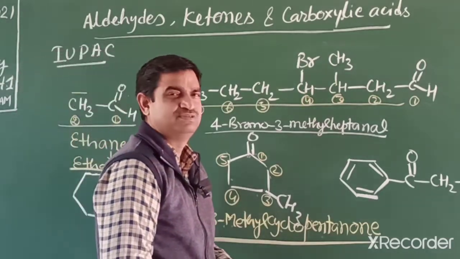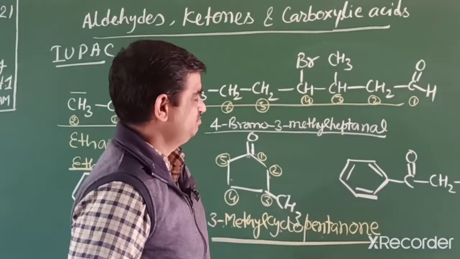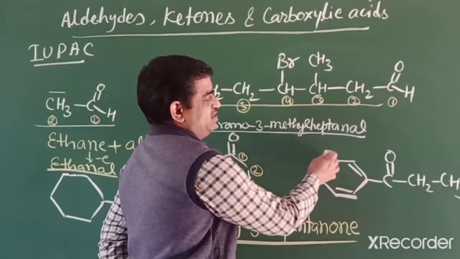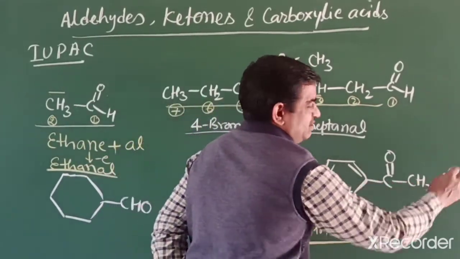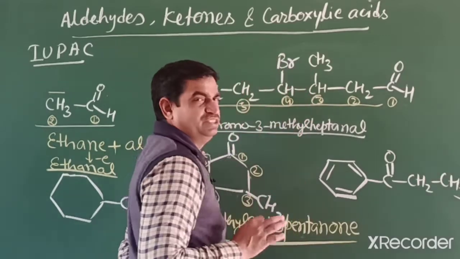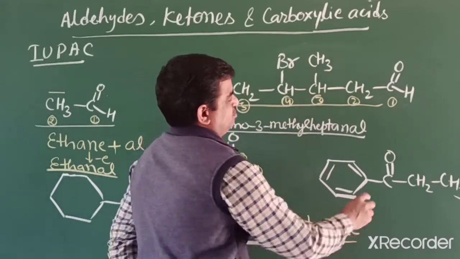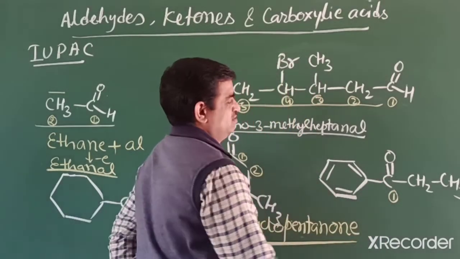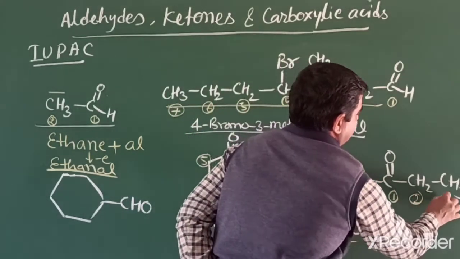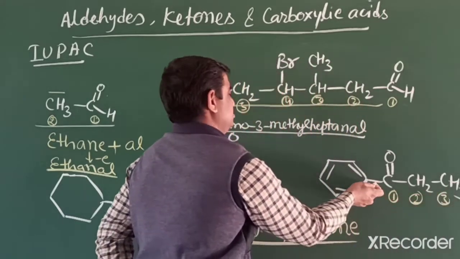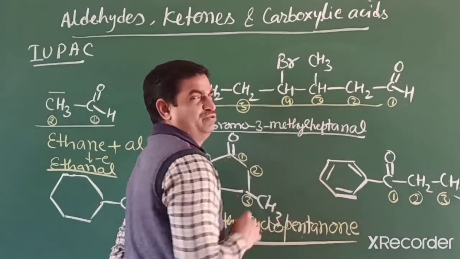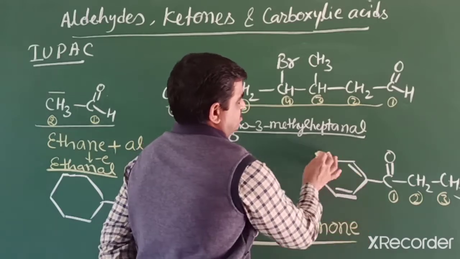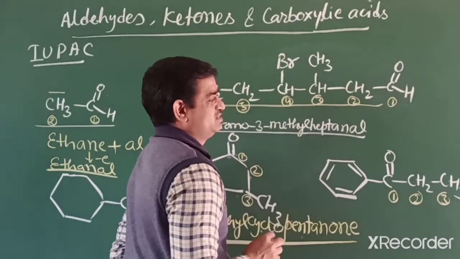Other compound: if you observe, on one side there is a phenyl group, and on the other side a normal ethyl group. So this one is a ketone. First we give this carbon preference, 1, then 2 and 3, because if you move to this side then we have to go into the ring. So we write this as a prefix.